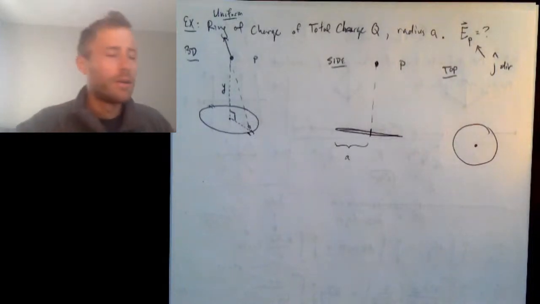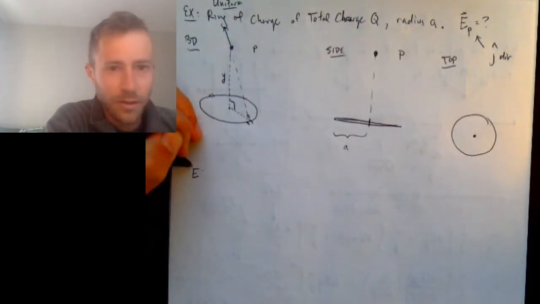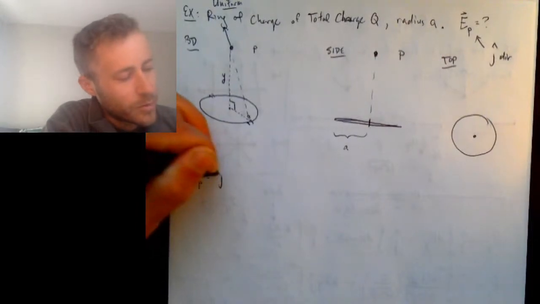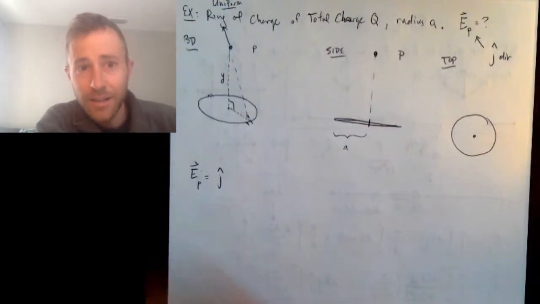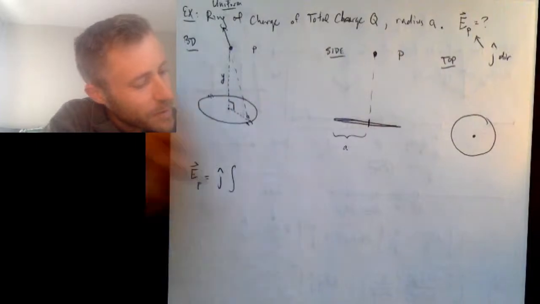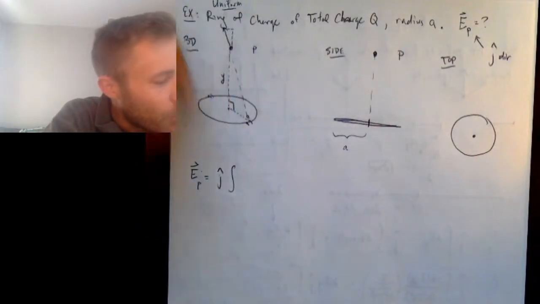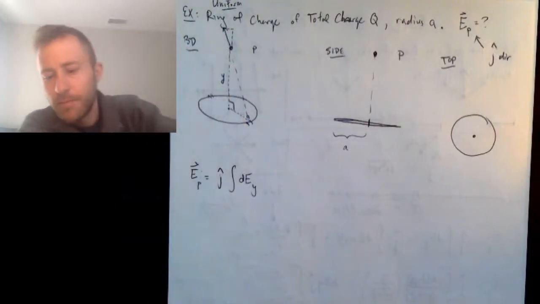So just like before, when we calculate the electric field at the point P, we know from symmetry that it's going to point in the J direction. So there's no point in adding up the X components of the electric field. All we're going to do is add up the Y components of the electric fields.